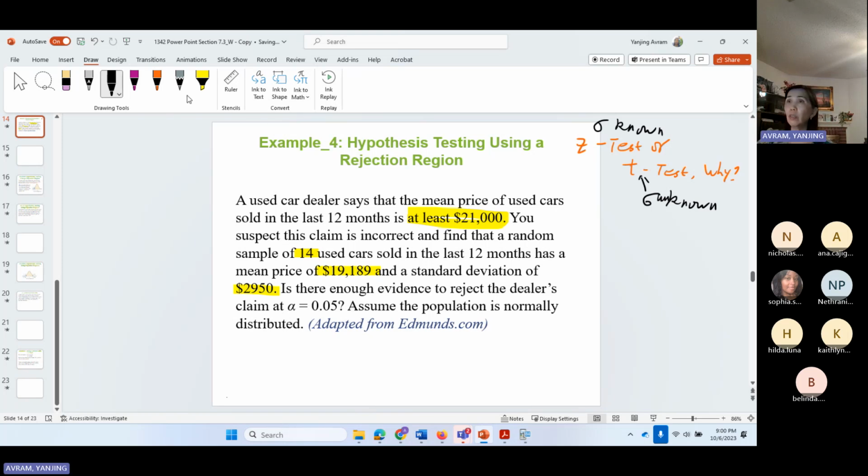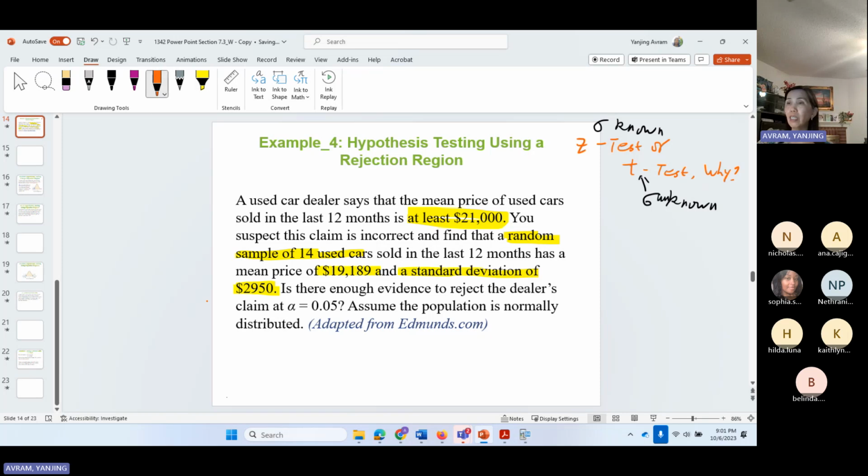Okay, so let's look at this standard deviation. The standard deviation is 2950. Is this a sample or population standard deviation? Well, this is a random sample of 14. Look at that, they said this is your random sample of the 14 used cars sold in the last 12 months with this price and this standard deviation.